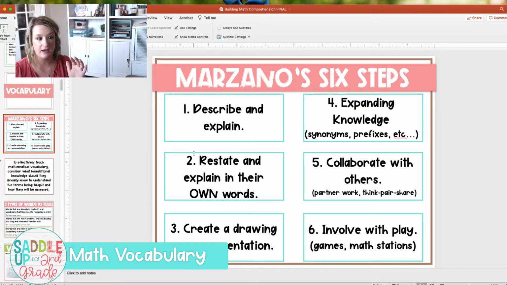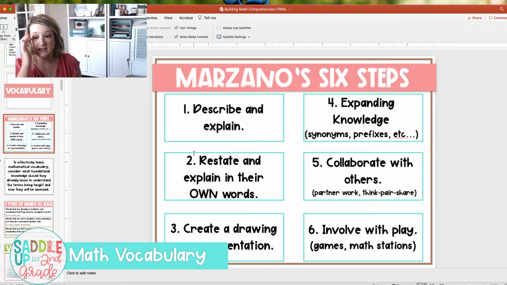That's a big thing with any type of vocabulary: you don't want to just give students a dictionary definition and expect them to understand what it means. Allow them to explain concepts or terms in their own words so that they can have a better understanding of what's being taught. Number 3 is create a drawing or a representation.